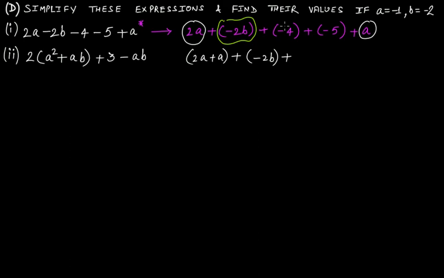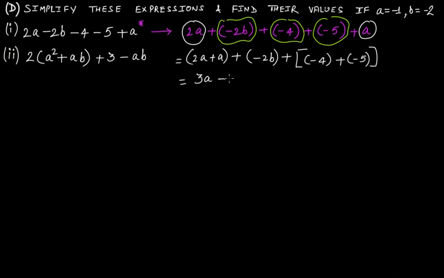Then this term minus 4 and minus 5, these two are like terms because they are constants, so add them together. So this minus 4 plus minus 5. This gives you 3a minus 2b, and if you solve this you get minus 9.